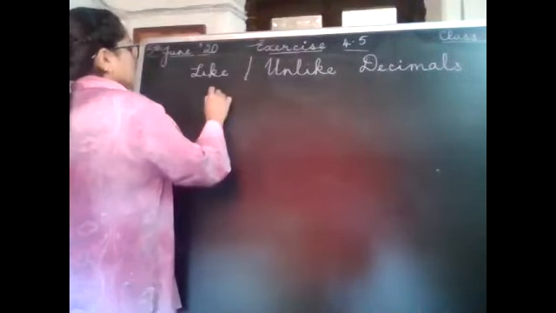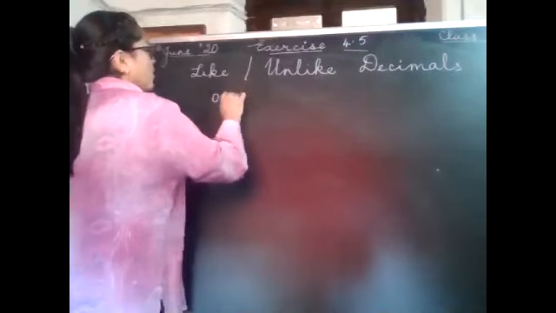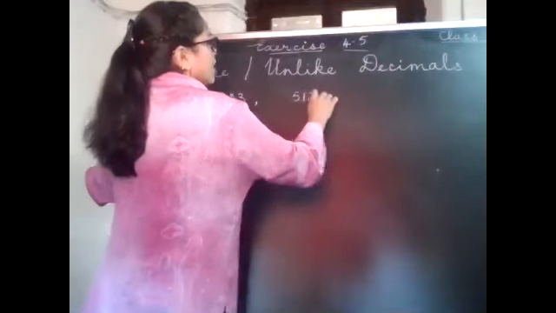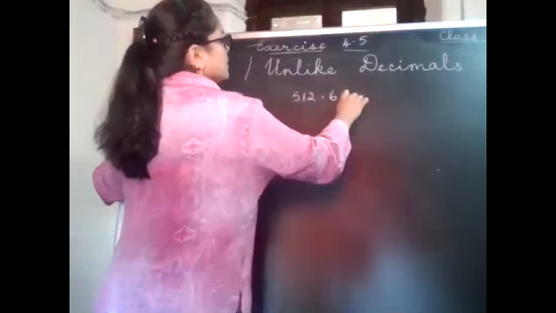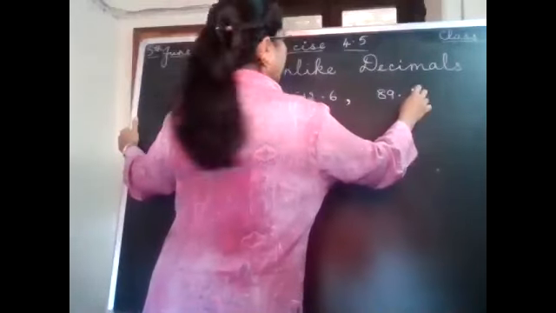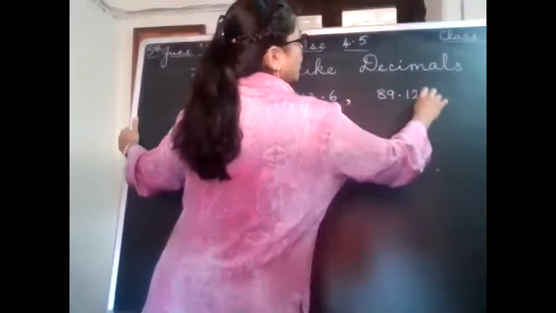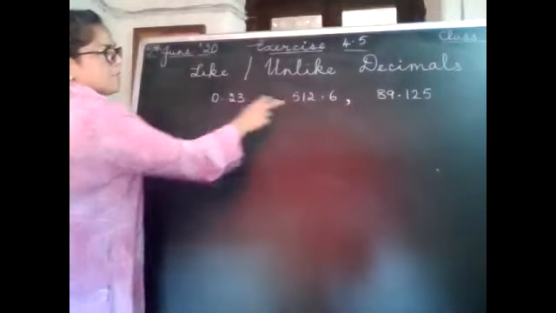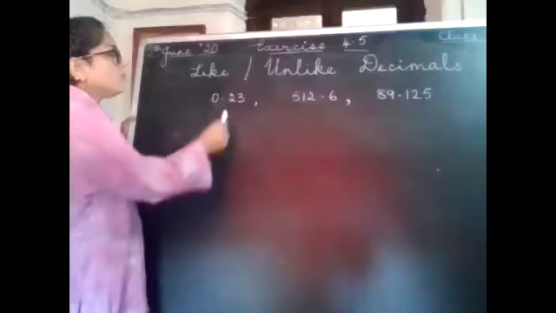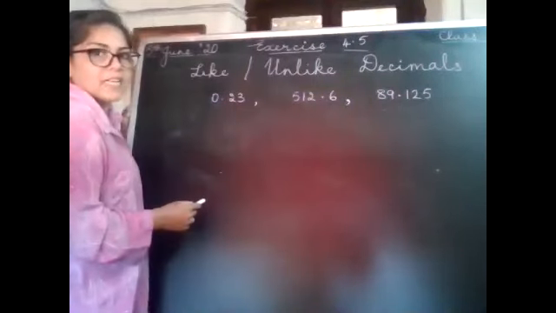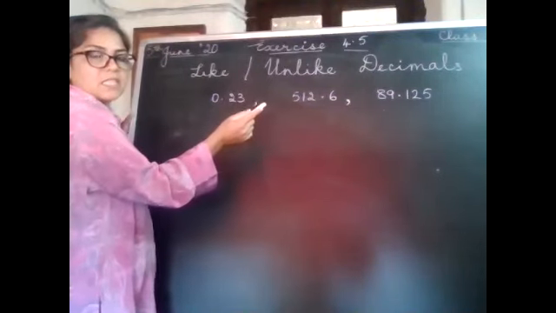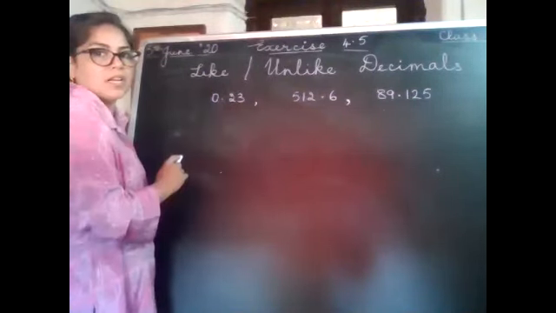Now, if there is a decimal, say for example 0.23, then there is another one, 512.6, then there is one more, 89.125. Say for example, there are these three decimal numbers. All of these numbers are unlike decimals because the number of decimal places is different in all the three numbers.